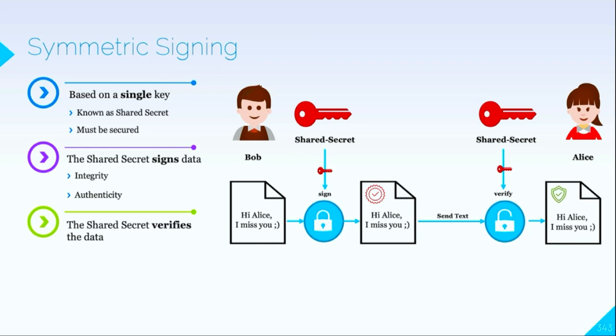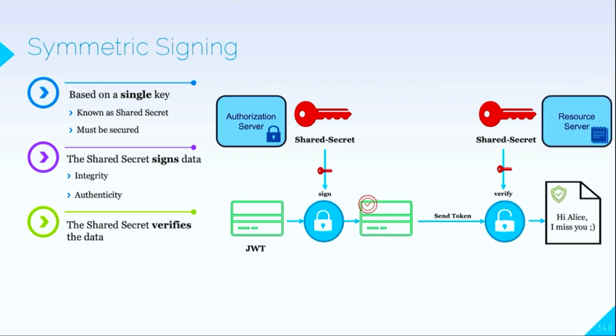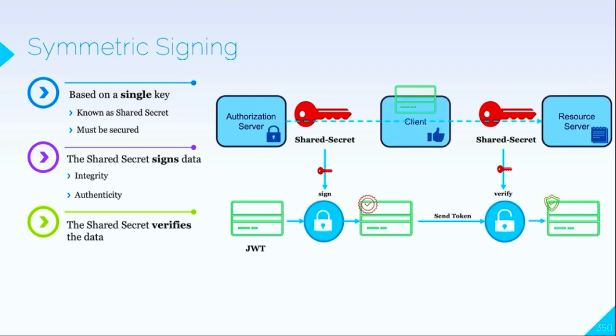Now let's relate this scenario to a JWT access token. In this analogy, Bob represents the OAuth 2.0 authorization server, which has a shared secret key. The message is like the JWT token that the authorization server creates and signs with the shared secret before sending it to Alice. Alice in this case is the resource server. She receives the token via the OAuth 2 client and needs to verify its signature locally using the same shared secret key.